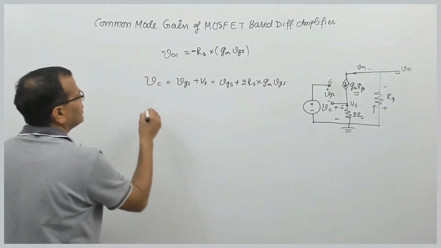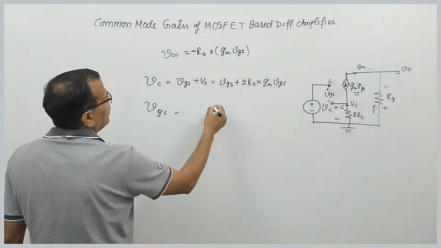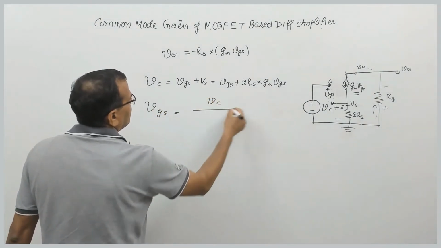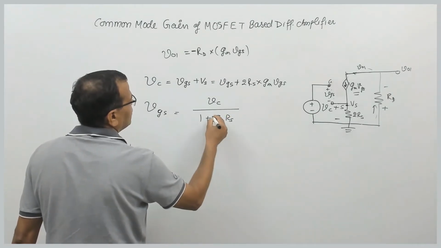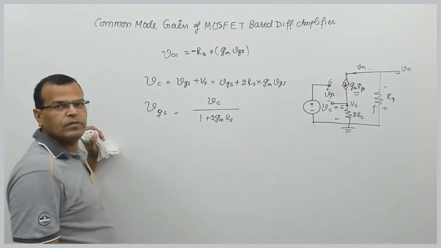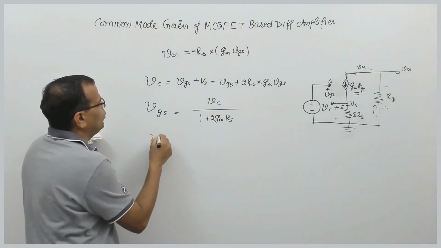Now you can see this voltage VGS will be equal to voltage VC divided by 1 plus GM into RS twice. That's it. This is what you have. Now what will be the output voltage?